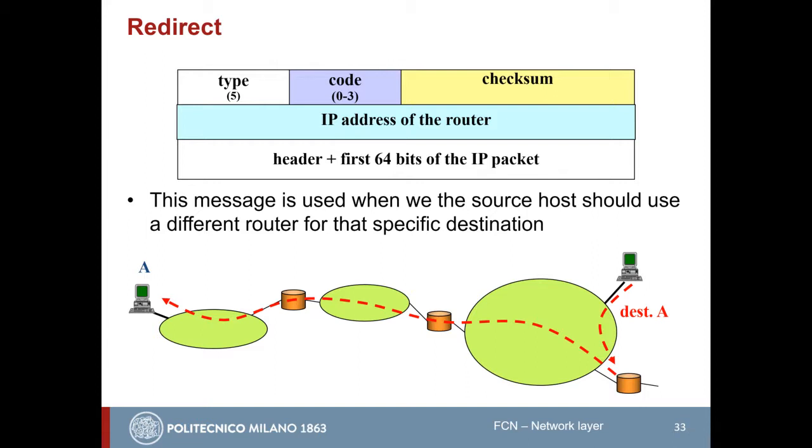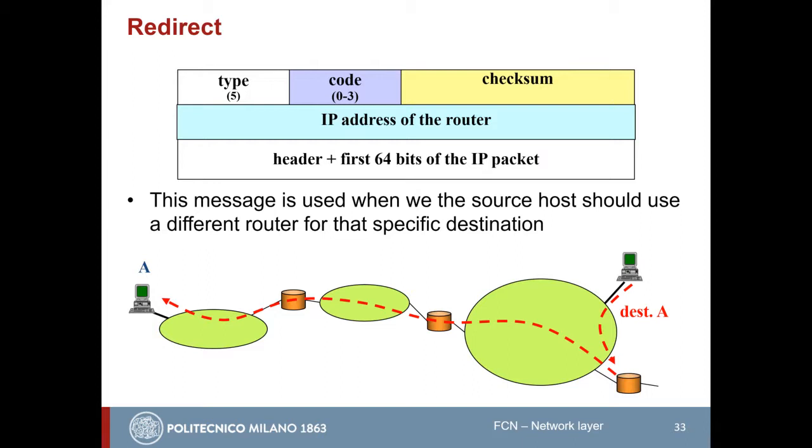It may happen that the host is connected to a network which has just one router, which of course is the gateway or the default router. So in that case, it's fine. It's the only way to send the packet out to other networks, and therefore no action is taken.